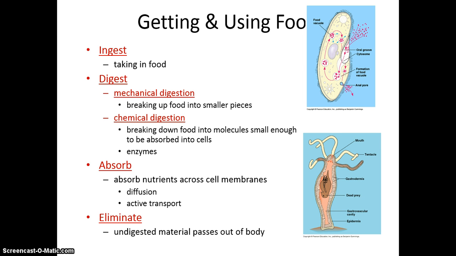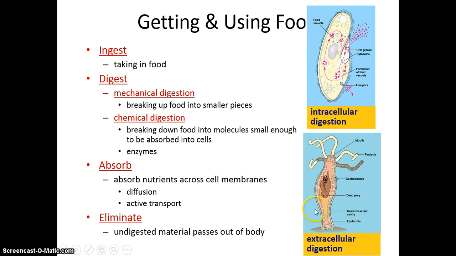Here you see two examples of digestion. You have intracellular digestion, that's digestion that occurs within the cell. And then you have extracellular digestion, and that's digestion that occurs outside of the cell. Our digestive system is more of this extracellular digestion.